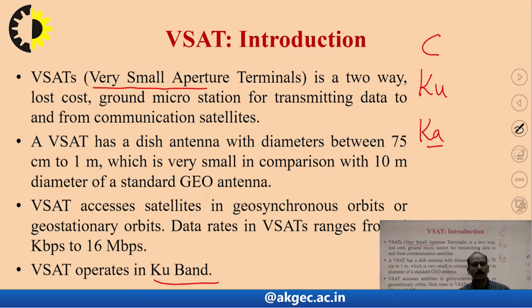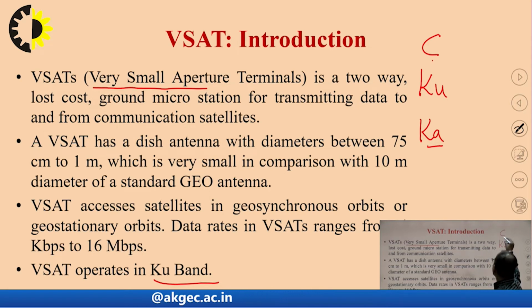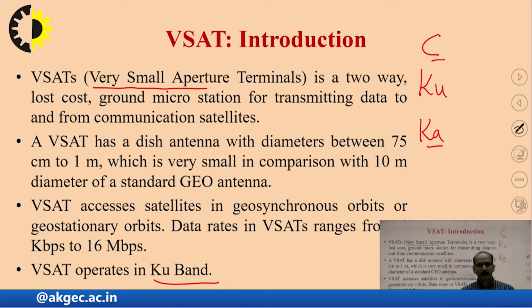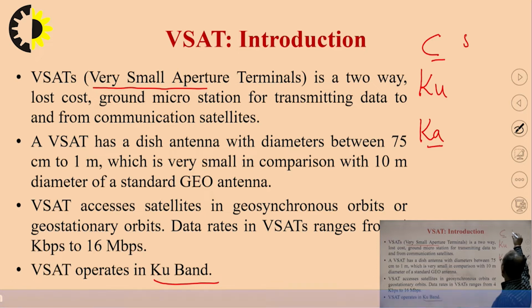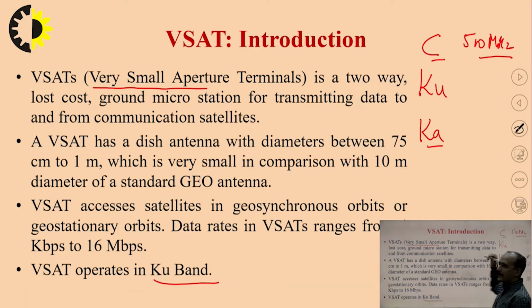It started with the C band, but as satellite communication evolved, the C band became overcrowded due to its 500 megahertz frequency range, and all the frequency spectrum was already allocated. That's why the Ku band came into the picture, and VSAT operates in that Ku band, which lies around 1000 megahertz.